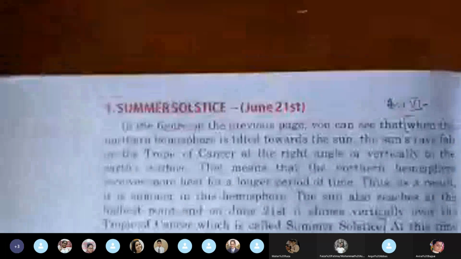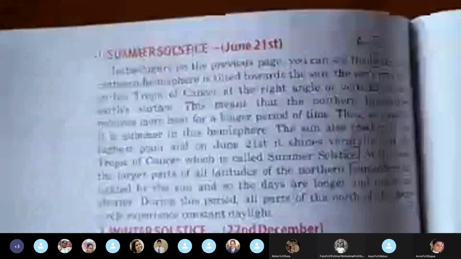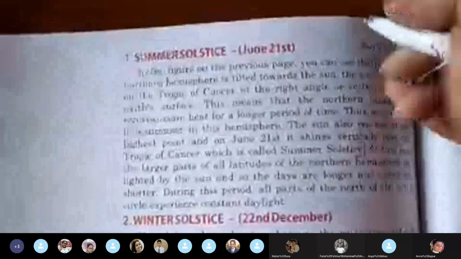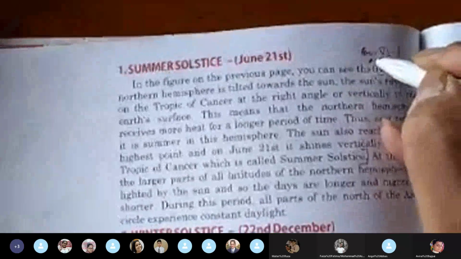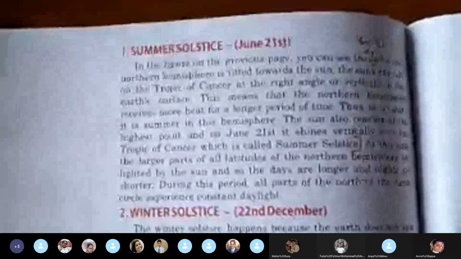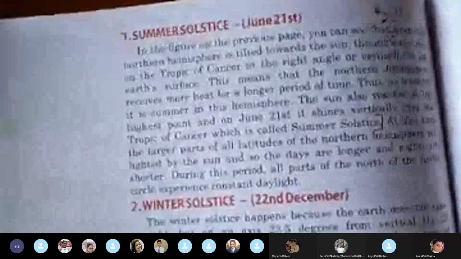Come here. Can you hear me? You will divide the page into two. Summer solstice side, you will write this answer, 6.1. Winter solstice side, you will write from here.